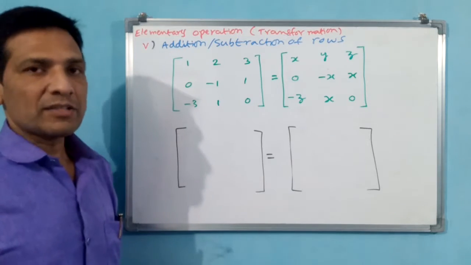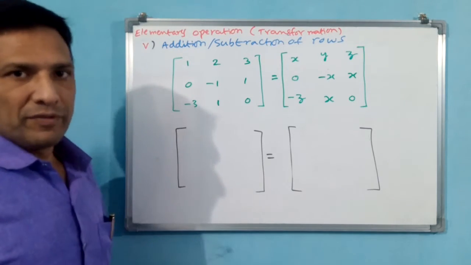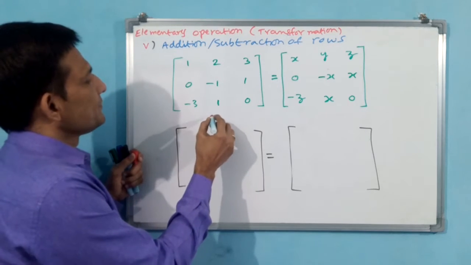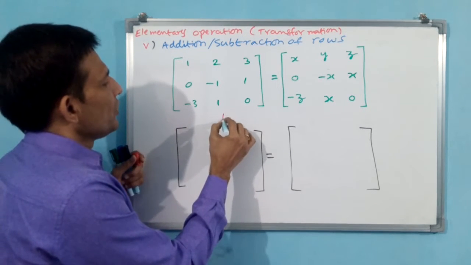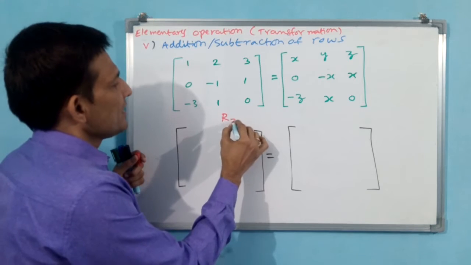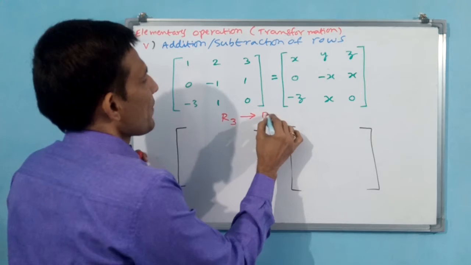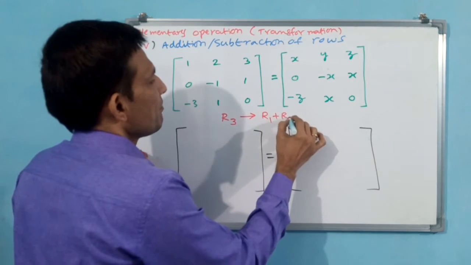Now see, addition or subtraction of rows, the fifth one. What I am doing, see here. The change is happening in R3. And what is the change? R1 plus R3.